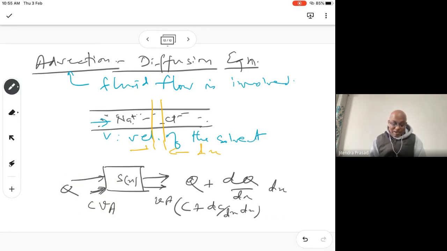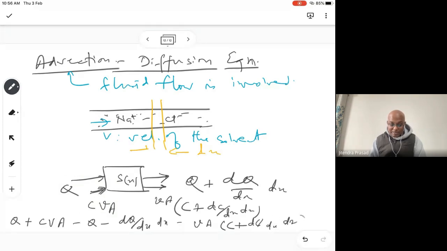Now the rest we can find out. So Q plus CVA minus Q minus dQ over dx minus VA times (C plus dC over dx) plus S times dx is equal to 0.